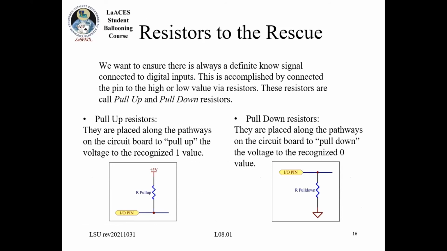We will connect the pin through a resistor to either a positive 5 volt signal or to ground. These are called pull-up resistors when they connect the input pin to a positive, high, upper voltage, or pull-down when it's pulled down to 0.